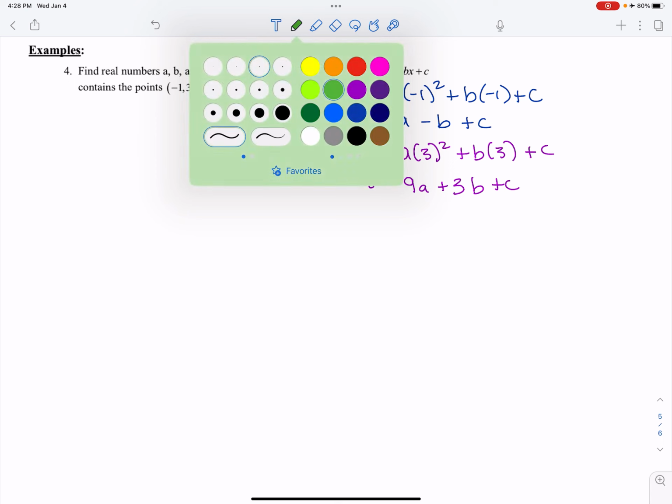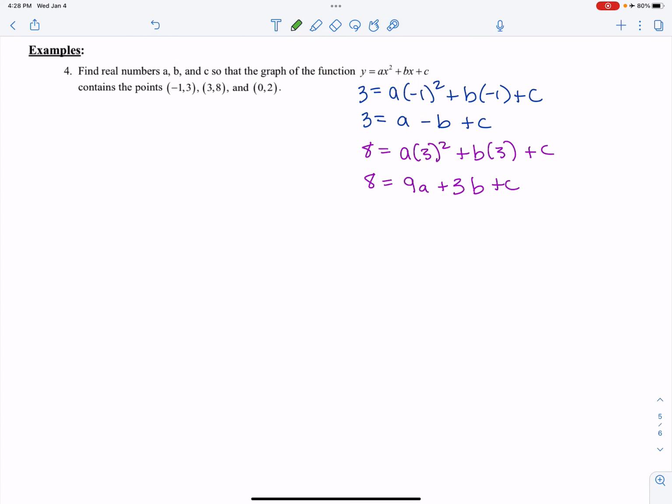And then we also have 2 equals a times 0 squared plus b times 0 plus c. So 2 equals c, which is super cool. Okay, so now let's solve for the rest of them.